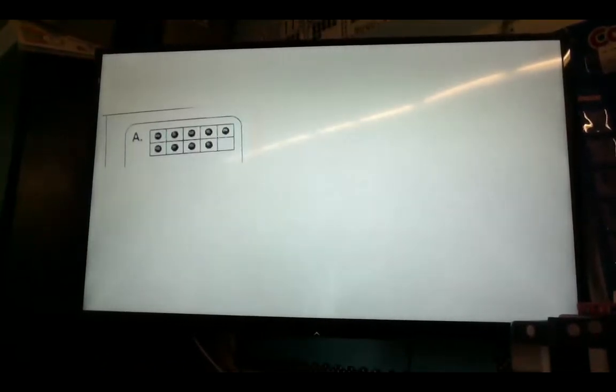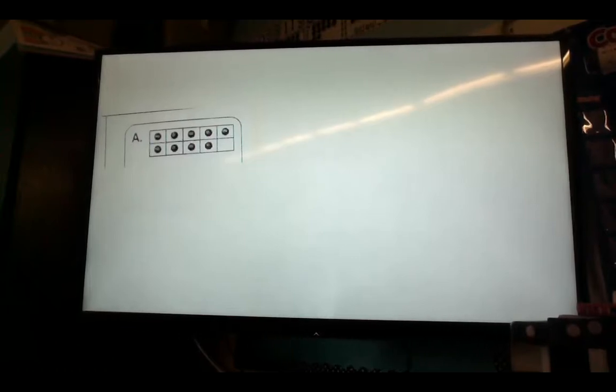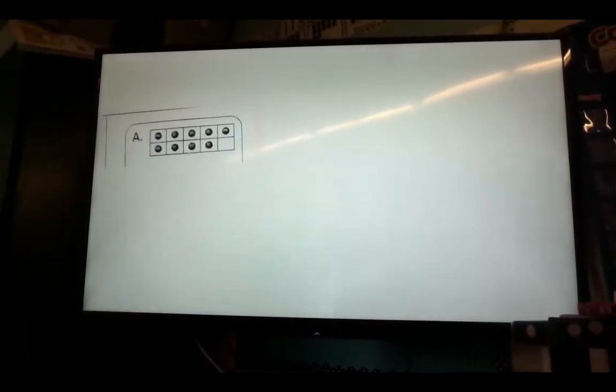Turn and tell someone near you. Let me tell you how I see these dots. I see 5 dots on the top and 4 dots on the bottom.